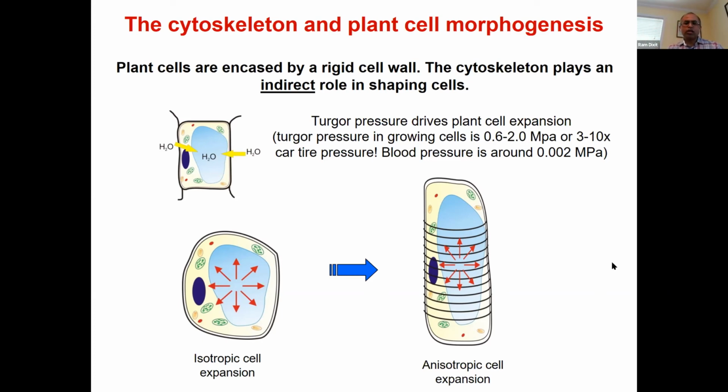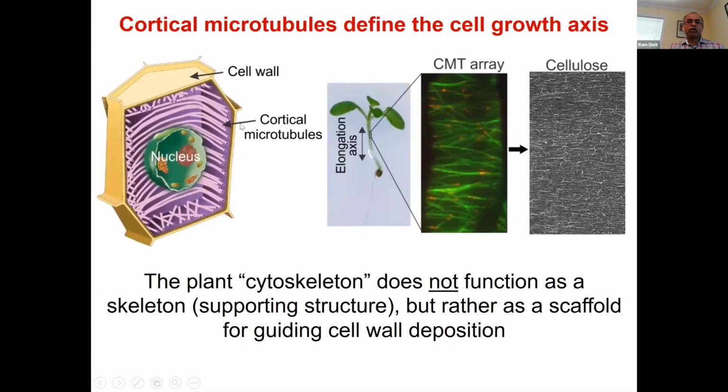Where does the cytoskeleton come into the picture? Well, the cytoskeleton in the cell acts as a scaffolding structure that guides deposition of cell wall material. So that oriented deposition of cell wall material is occurring because of the cytoskeleton scaffold. And in plant cells, the main one is the microtubule.